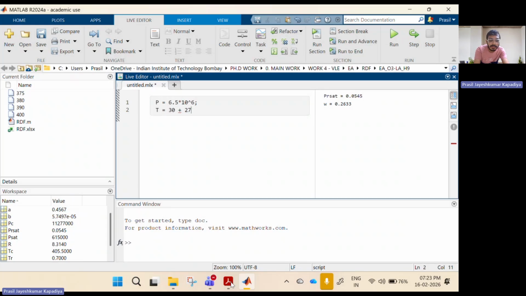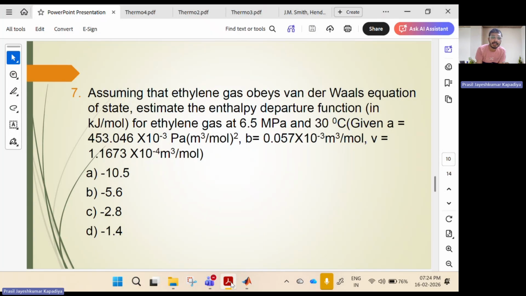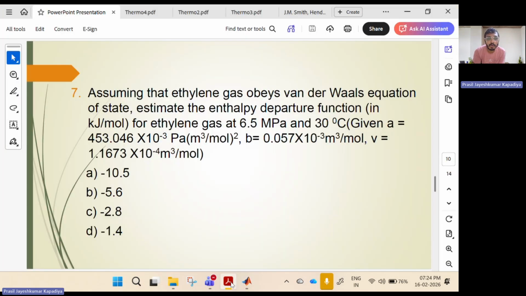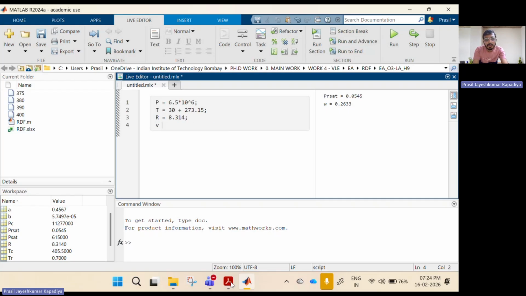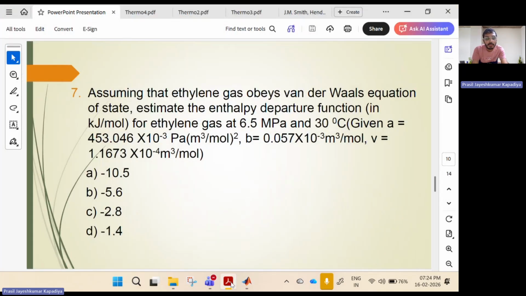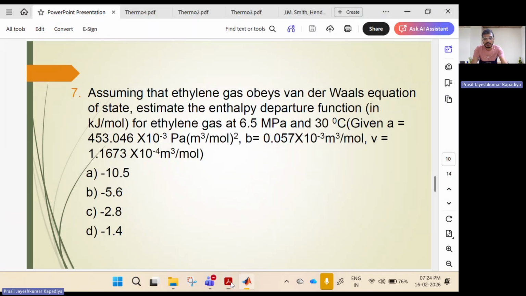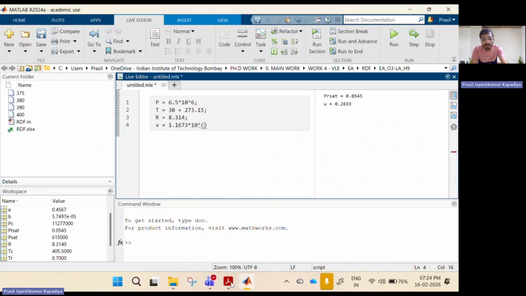And R is equal to 8.314 in SI units. Volume is already given to us in the question, so V is equal to 1.1673 into 10 raised to minus 3. You can just write 1e minus 3, but I'm writing it out for those who don't understand it in MATLAB.